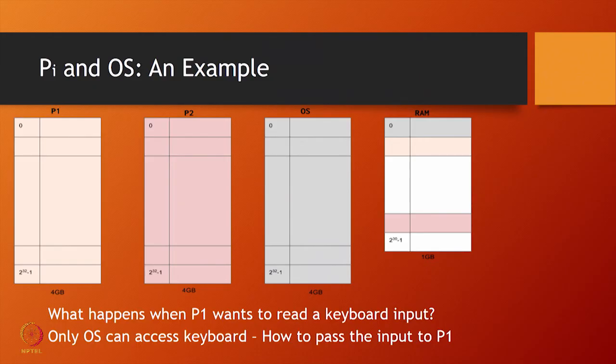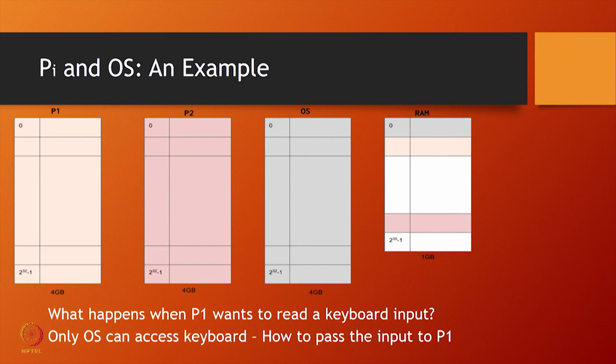And then the OS also gets a 4GB address space, but the actual RAM can be 1GB. So this is the concept of virtual memory. Every process gets the whole 4GB, but the actual memory can be only 1GB, and this is how paging works. Paging takes care of maintaining these individual address spaces for processes.